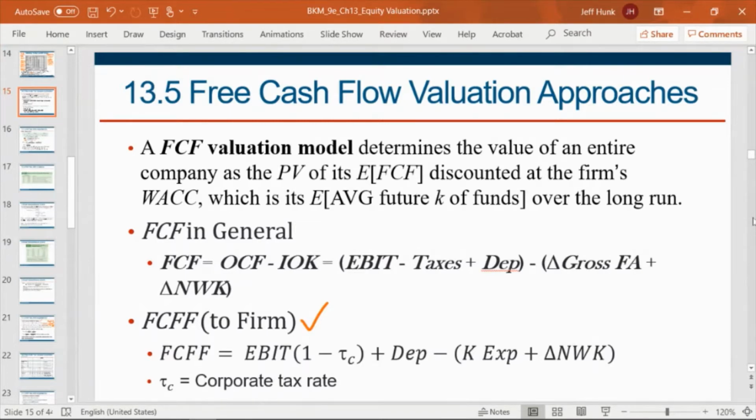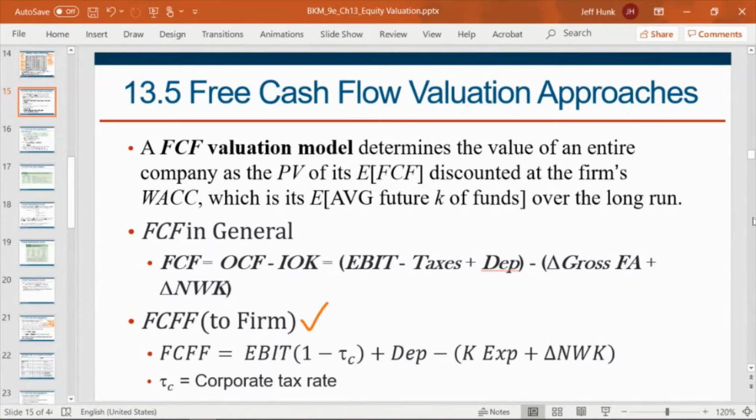For example, if I turn on the read aloud feature on the computer or on the web page, it will just say FCF equals OCF minus IOK equals EBIT minus taxes plus depreciation.